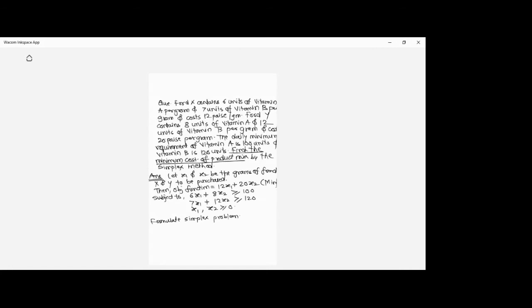So the objective function can be written as: minimize z = 12x1 + 20x2, right? Now what are we going to write for the constraints? Subject to, the first is 6x1 + 8x2. The inequality sign that we have here is greater than or equal to.